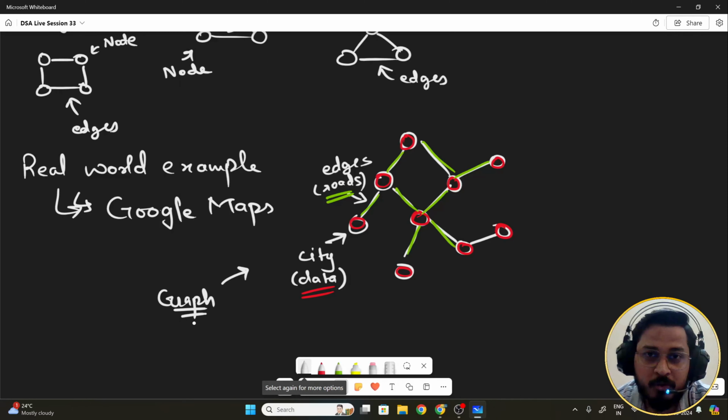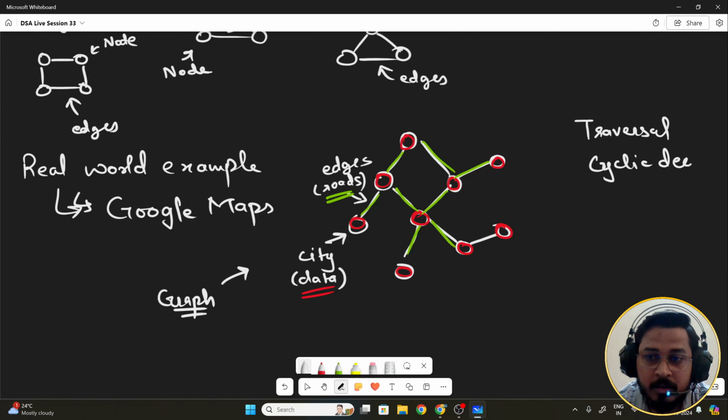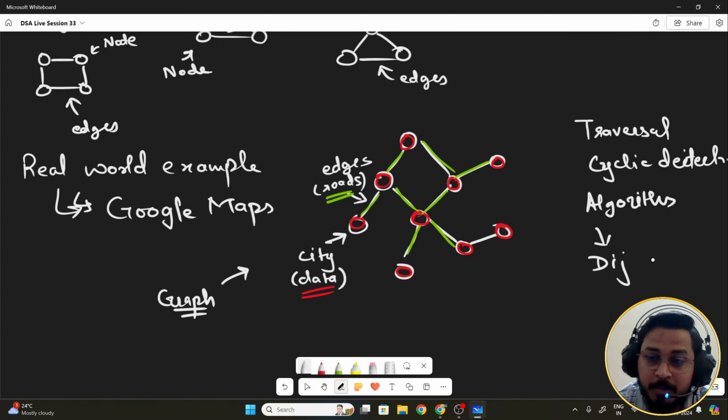Now there are ways of doing operations on the graph. You can do traversal, you can do cycle detection. You can do a lot of other algorithms related to graphs, such as the very popular Dijkstra's algorithm. Or maybe you can find the shortest path distance.